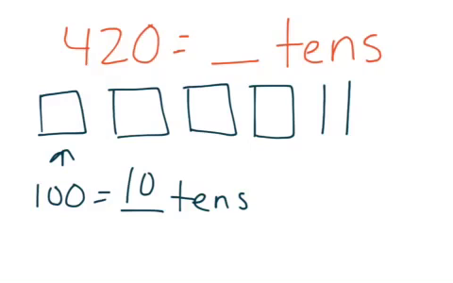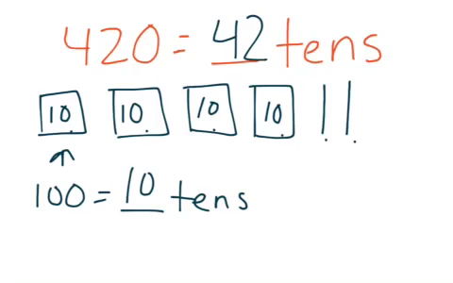So each of these squares is worth 10 tens. Each of the flats that has 100 little pieces is worth 10 tens. Okay? So we have 10, 20, 30, 40, 41, 42. We have 42 tens.